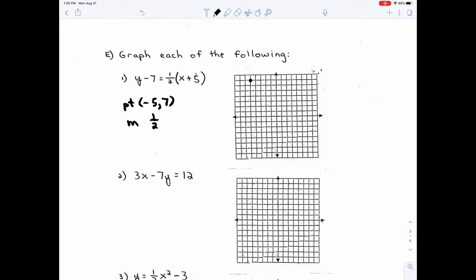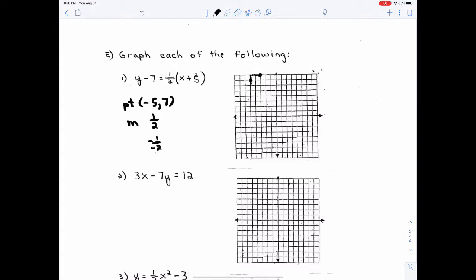Well, I can do that 2 different ways. I can go, and I'm going to just kind of draw a bunch of stuff on here and then I'll erase it. I can go up 1 and over 2. That's fine. But I could also do this as -1 over -2, because -1 over -2 is the same as +1/2.